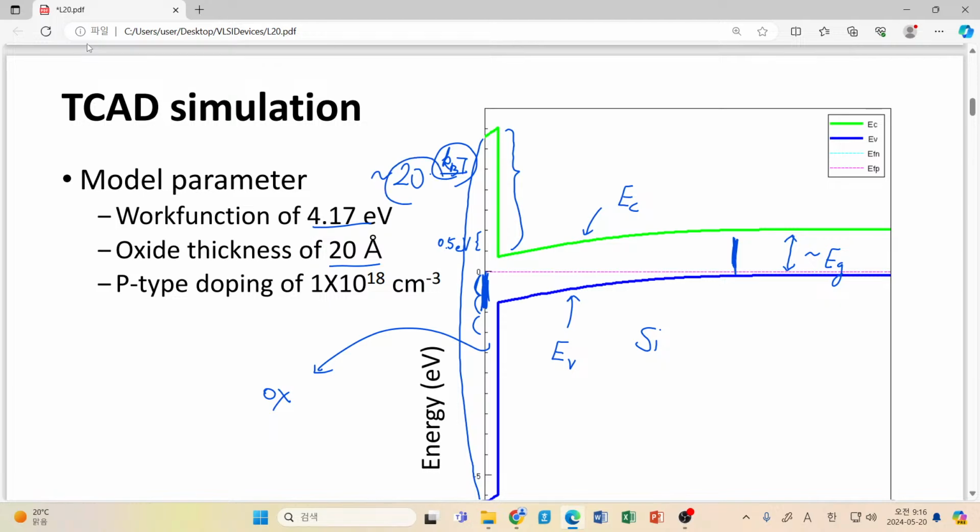So 20 times of this thermal energy is corresponding to just 1 tick in this scale. So it is already quite high energy from our energetic scale. However, you can see that this is corresponding to 3.1 electron volt.